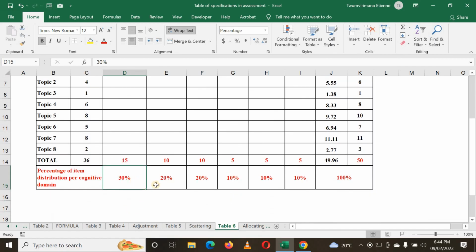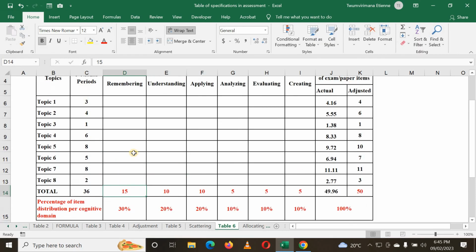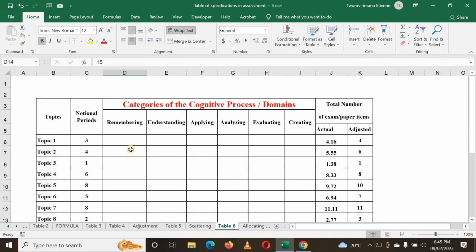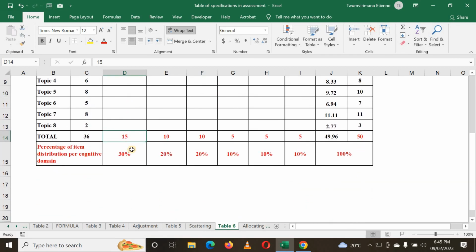You can see how we found the number 15 here, 10, 10, 5, 5, 5. And remember that when you add these numbers 15, 10, 10 up to 5, the total will not be greater than 50 questions. This is the number of questions that we're going to put in your paper. 15 questions will be located in the remembering category.